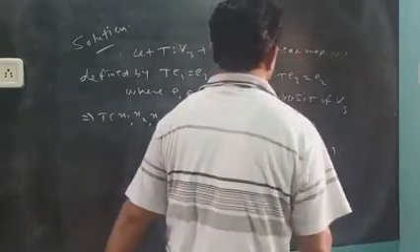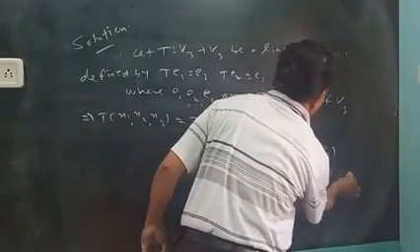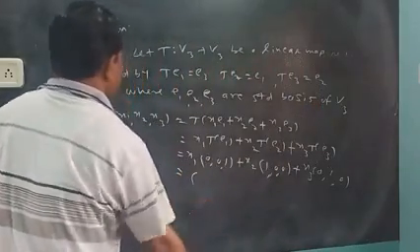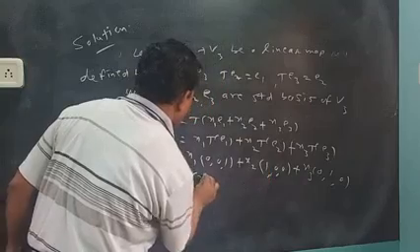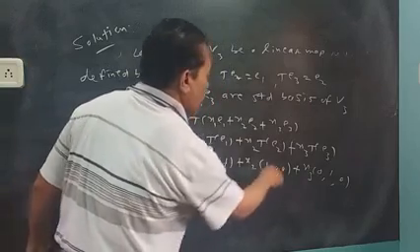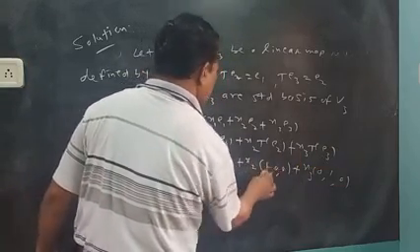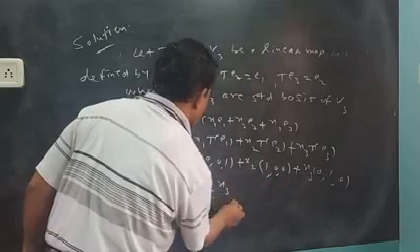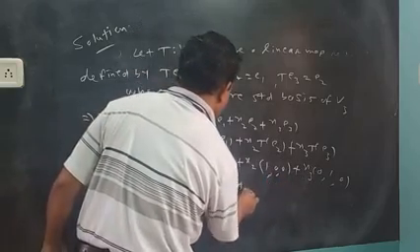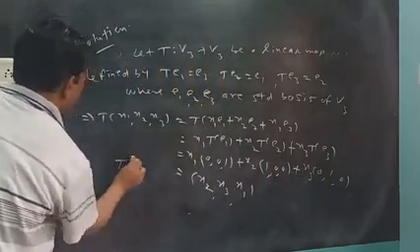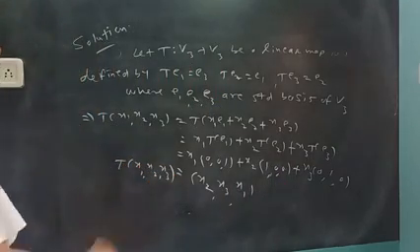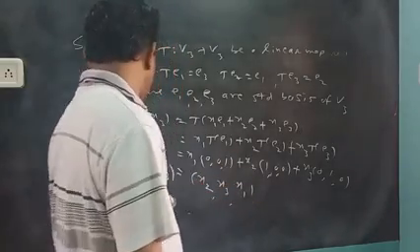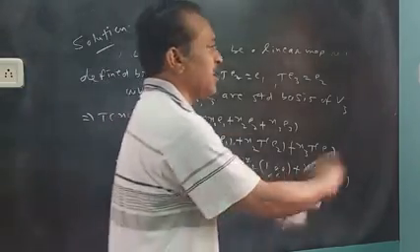And T of E3 is E2. E2 is 0, 1, 0. So multiply by x1, x2, x3. Then T of x1, x2, x3 has image x2, x3, x1. Here x2, here x3, and here x1. A cyclic rotation.